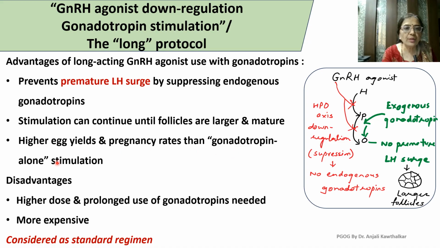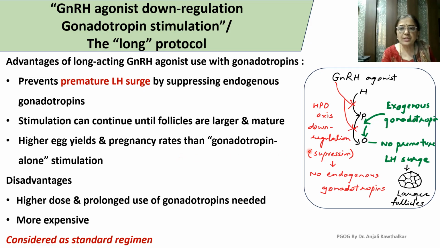than gonadotropin alone stimulation. So if we use only gonadotropin, fewer oocytes can be retrieved, because there is a risk of a premature LH surge because of endogenous gonadotropin, and that is the reason we have to take a decision for oocyte retrieval earlier. So the number of oocytes retrieved is less.